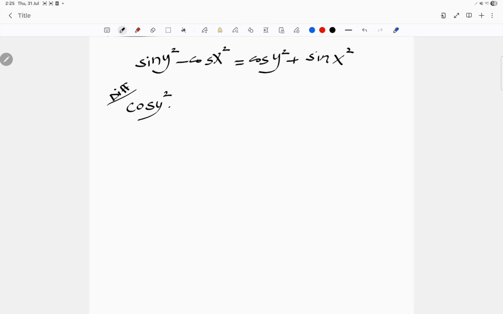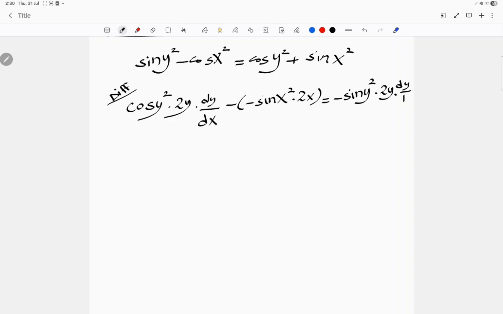Then differentiate y squared, it becomes 2y times dy over dx. Negative. Now cosine becomes negative sine. And x squared becomes 2x. Cosine becomes negative sine. And y squared becomes 2y next to dy over dx.